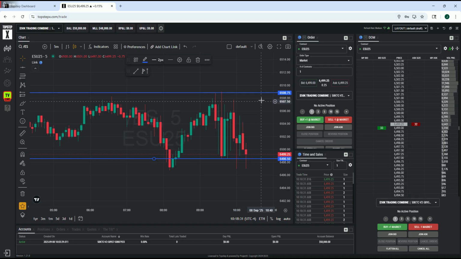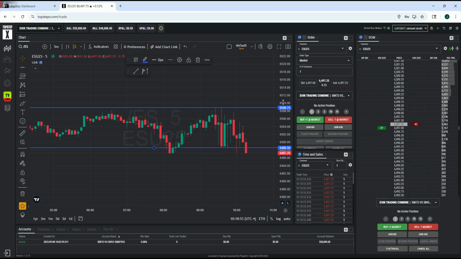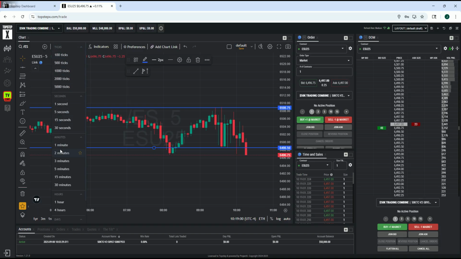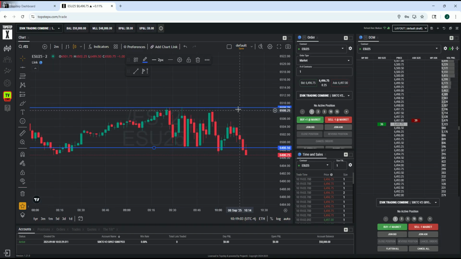And if this gets rejected, I'd definitely be willing to long to channel high. Two minutes. 2 minutes on candle, 1 minute on candle close. Yeah, I like that.